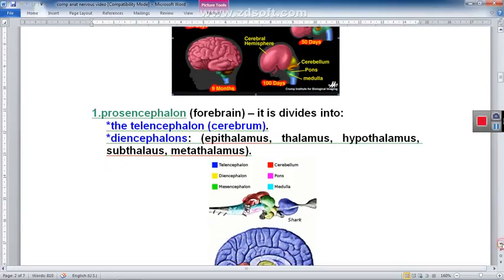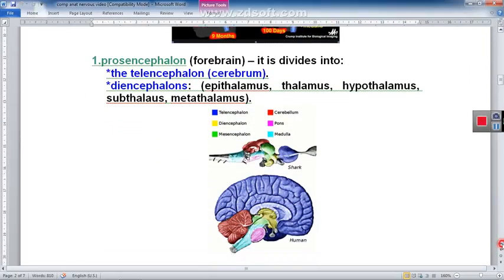So we will discuss these vesicles. First vesicle, which is a primary vesicle, is the forebrain. A synonym for the forebrain is prosencephaly or prosencephalon. This forebrain, the prosencephalon, as we said, divides into telencephalon and diencephalon.